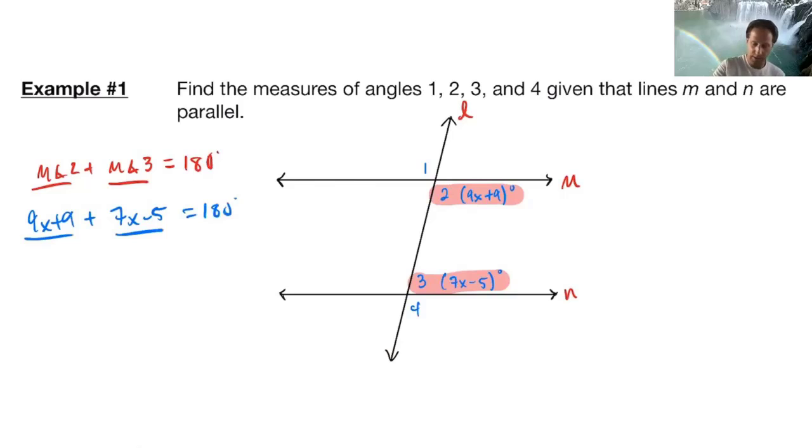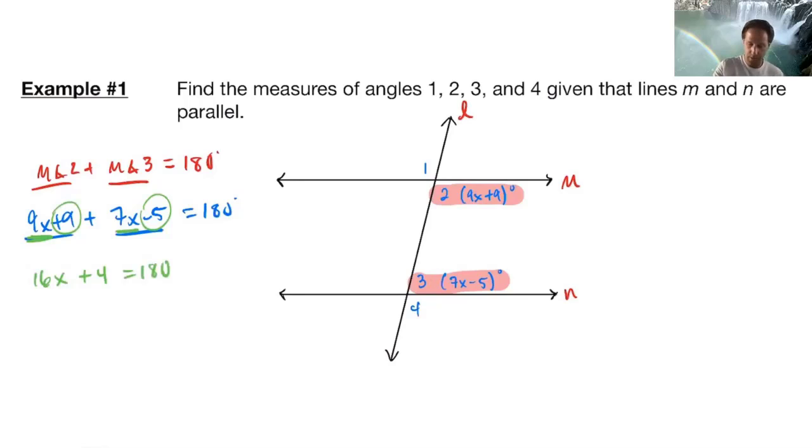And so doing that, I'm going to go ahead and combine my like terms first. So I'll take all the x's first, which there's a positive 9 and positive 7 of them. So I have positive 16 x's. And then a positive 9 with the negative 5 gives me positive 4. And all that is equal to 180.